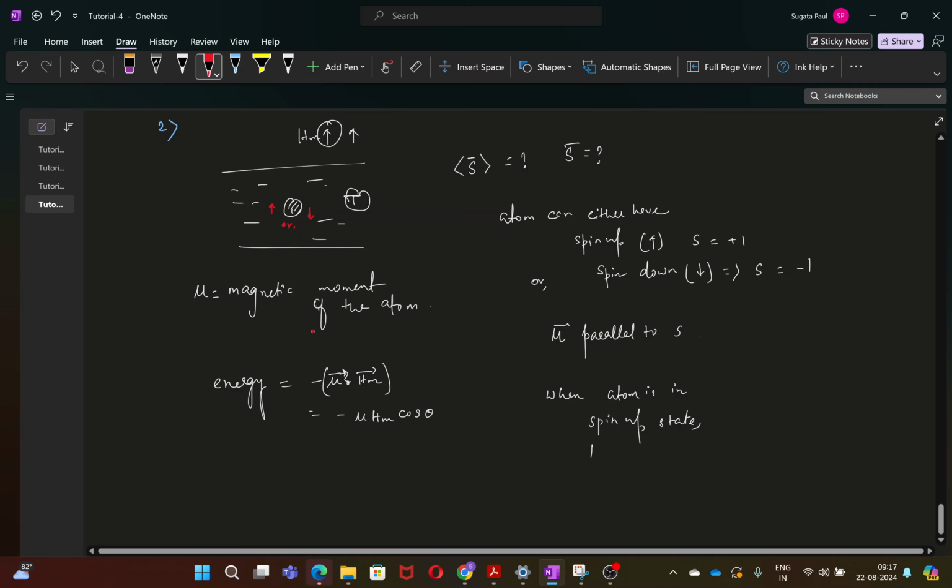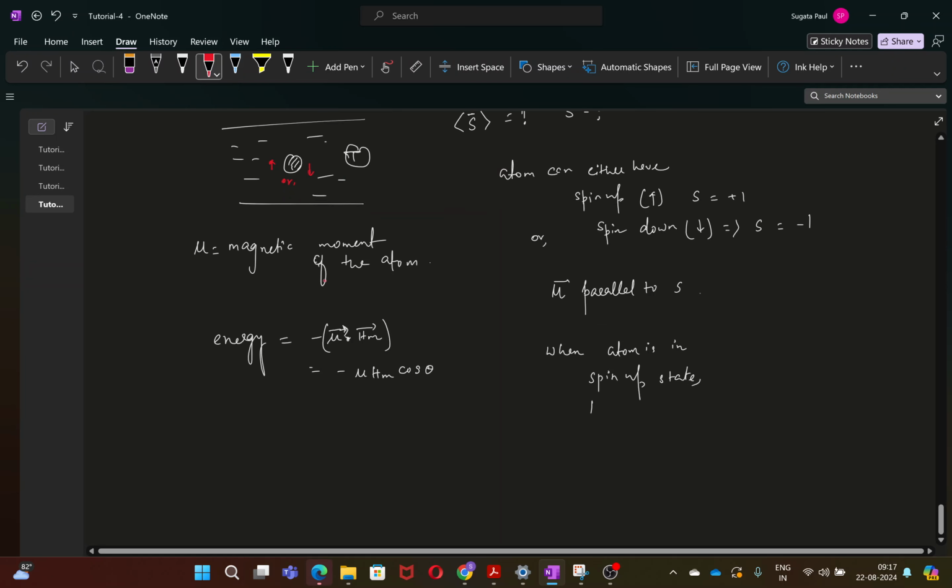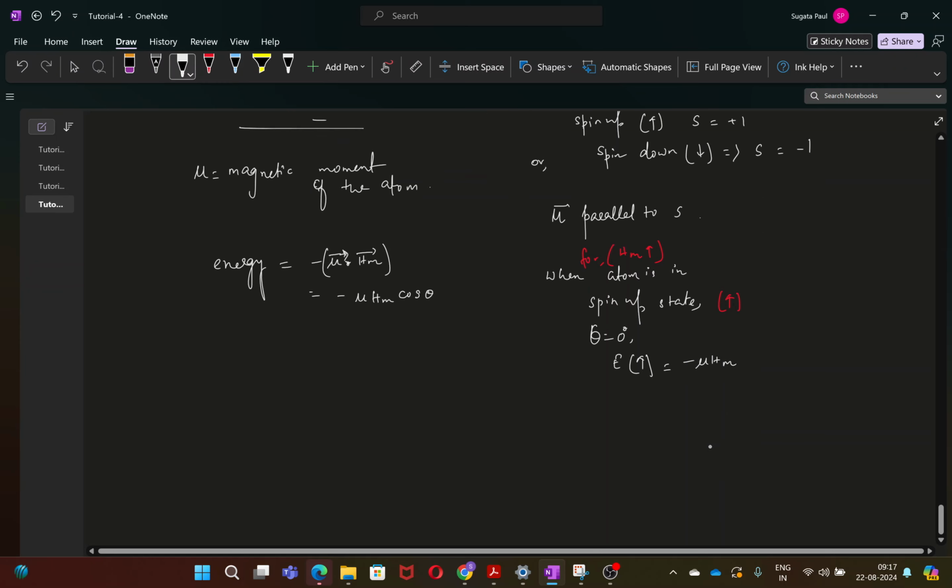So depending on that, the energy will be decided. For the field in the upward direction, if the atom is in the spin up state, then both Hm and mu are parallel to each other, in the same direction, so theta equal to 0 degree and hence cos theta equal to 1. And the energy of this up spin state will be simply minus mu Hm because cos theta is becoming 1.